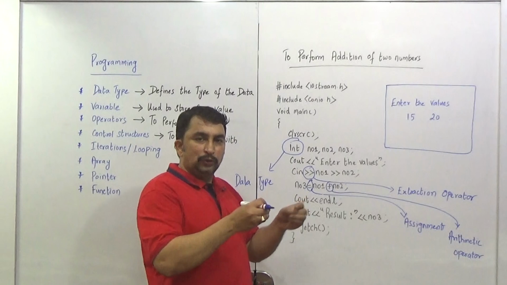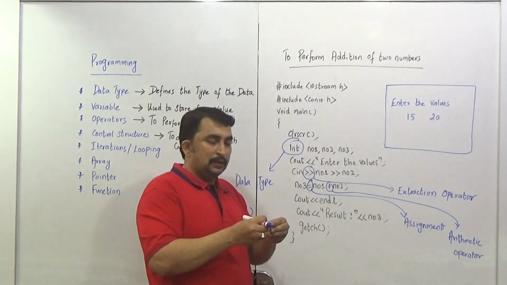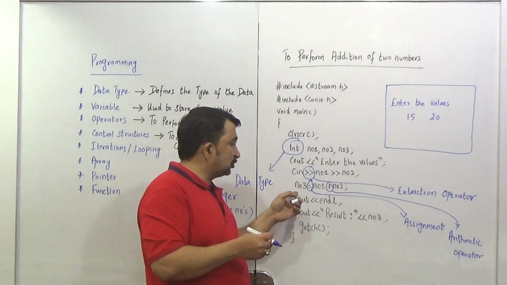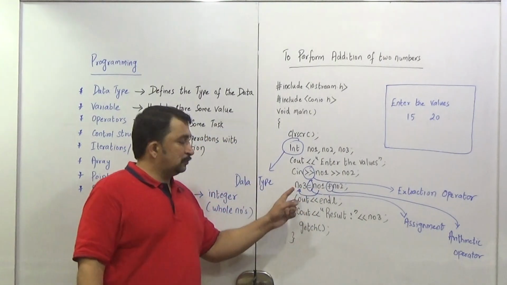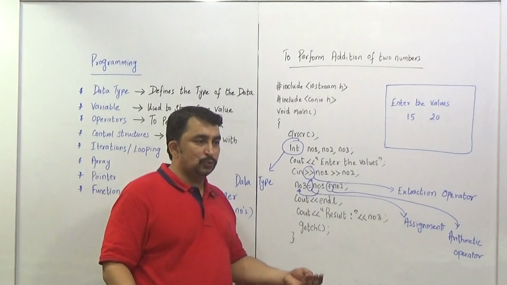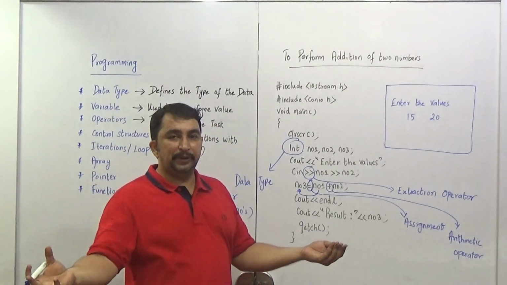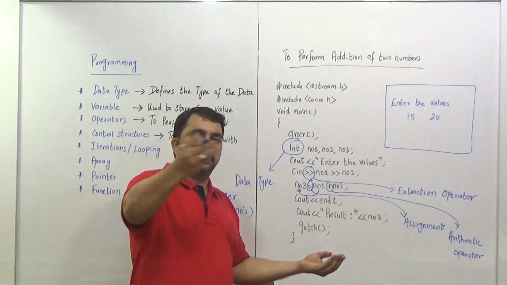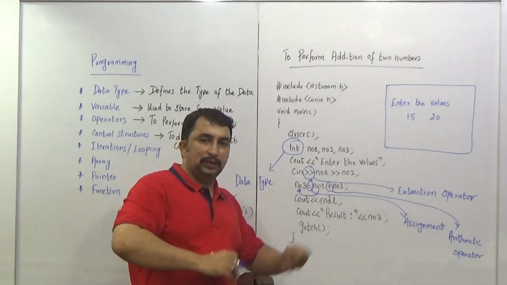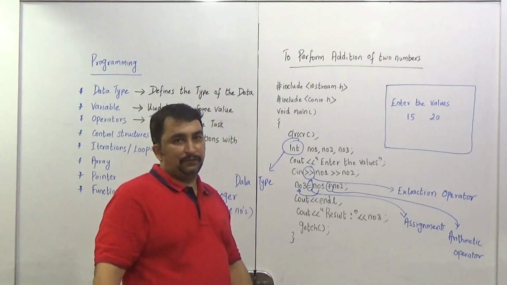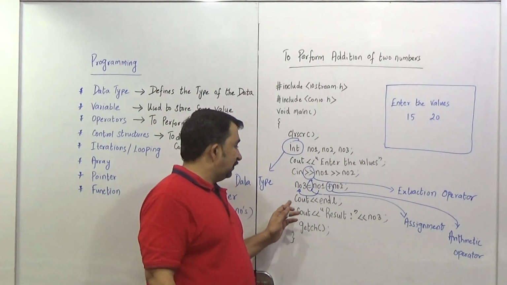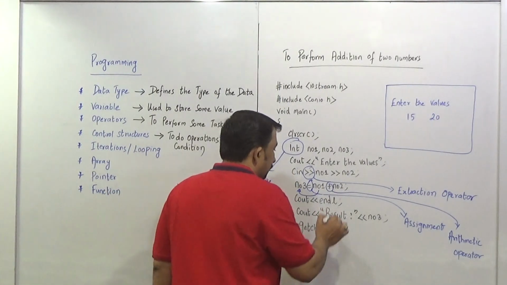Both will be added together, so 35 will be initialized to number 3. That means right to left: the value is taken from the right hand side of the assignment operator and stored in the left hand side, number 3. And then the next one is endl.